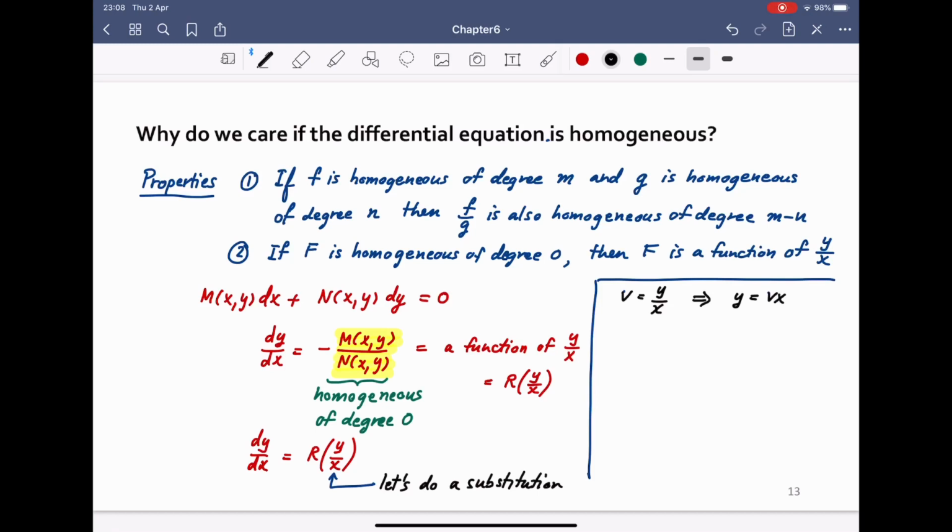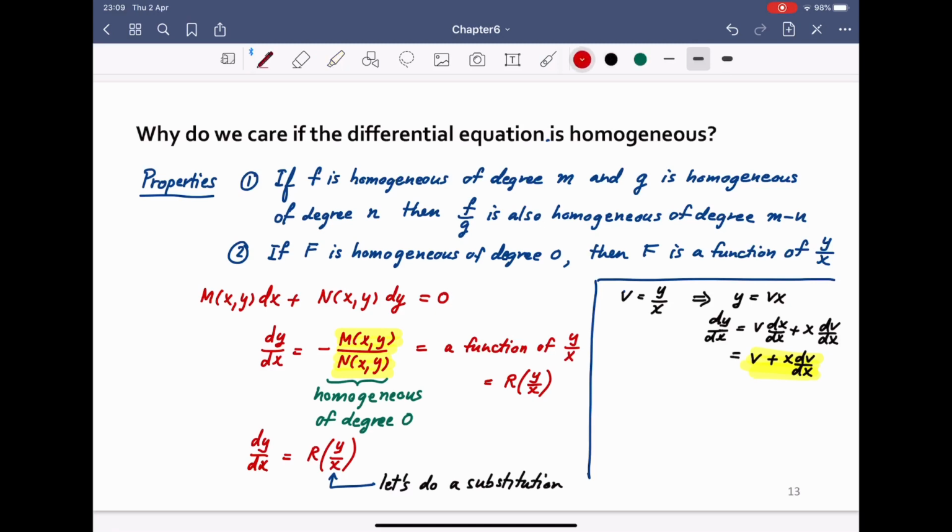And once we set this thing, if I differentiate with respect to x, I'm gonna get dy by dx equal to, on the right hand side I have to use product rule here, so it's going to be v dx by dx plus x dv by dx, and this is going to be v plus x dv by dx. So I can use this thing that I highlighted in yellow here. I'm gonna replace it back into the differential equation.